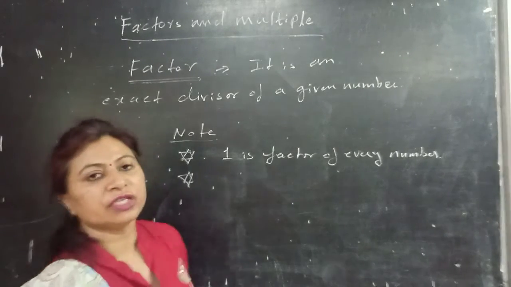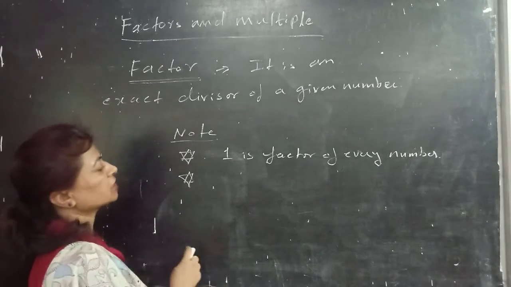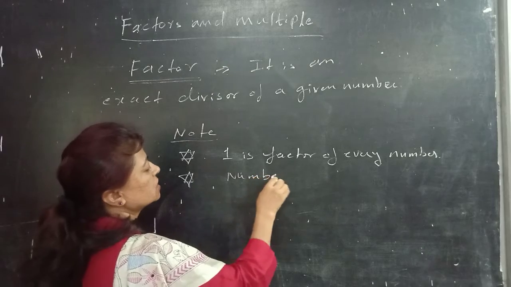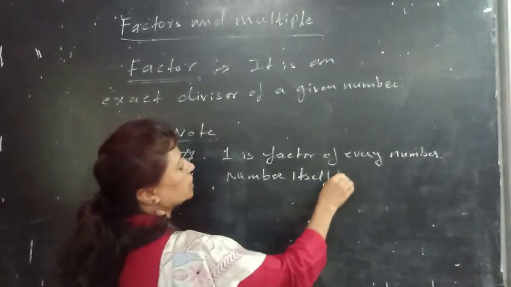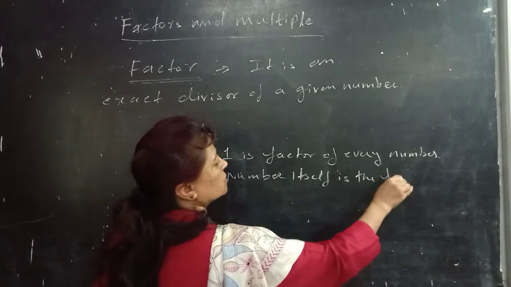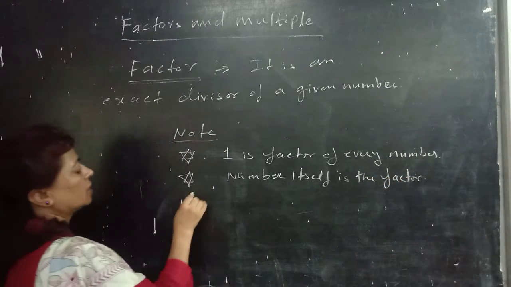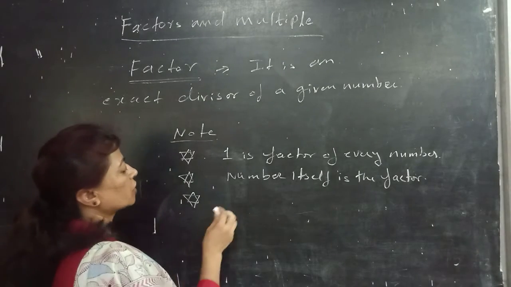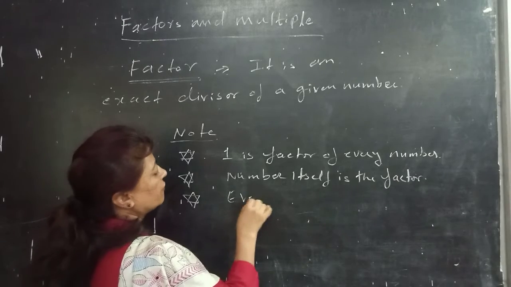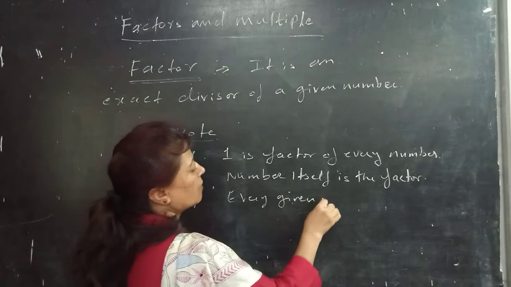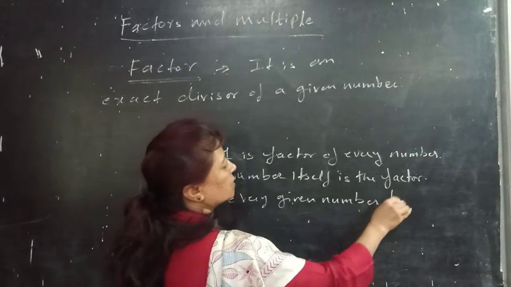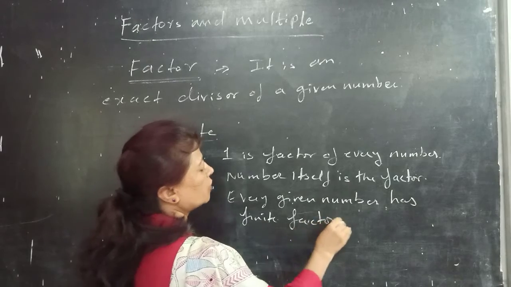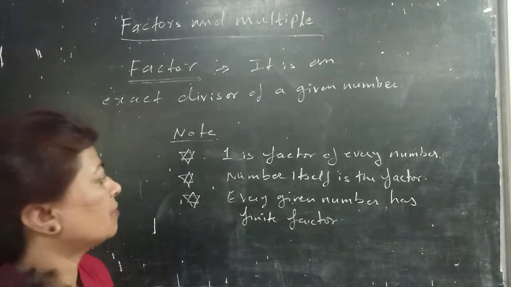Second, whatever number we take, that number itself will also be obtained as a factor. And third important point is that every given number has a finite number of factors. So these are the important points regarding the factors of a number.